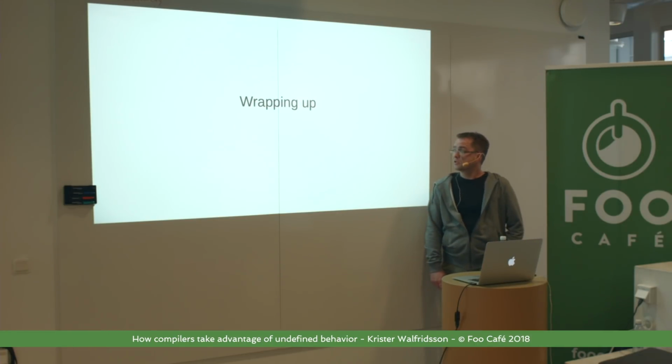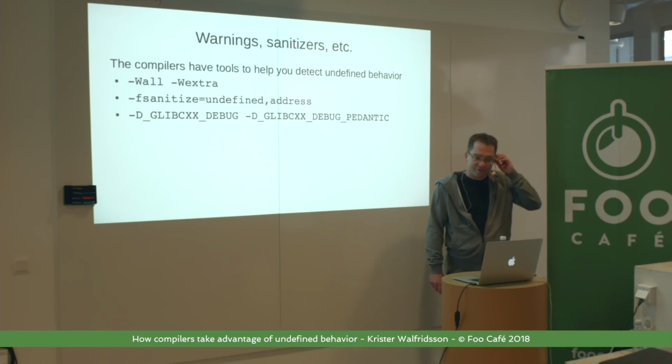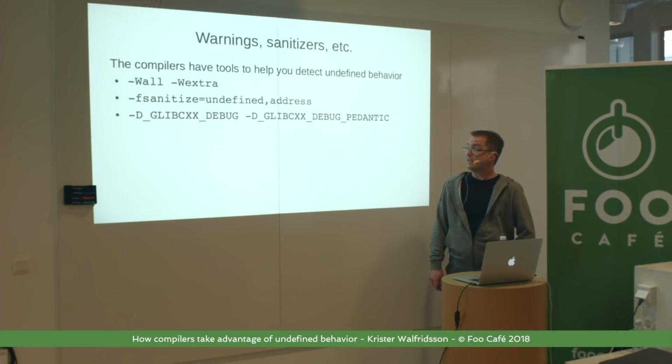Okay, so that was mostly what I wanted to say today. But it's customary to say a few words about how to try to avoid these problems. If you're using GCC or Clang, there are three things that I think are good to know. One is to use the warning levels.